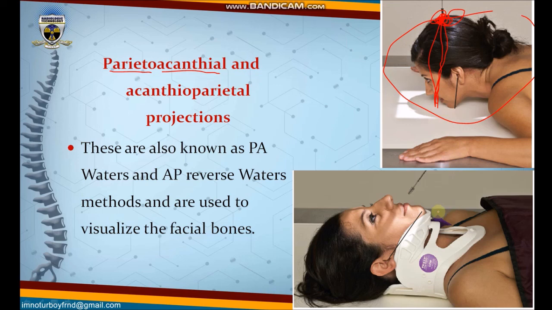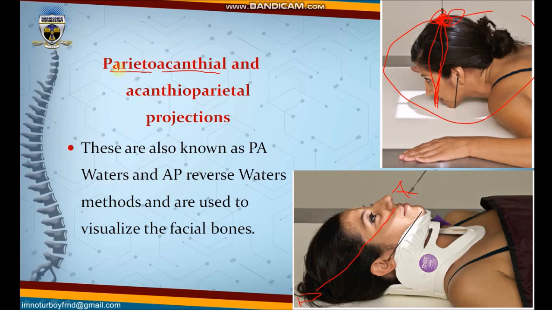And then we reverse it. For example, the patient cannot lie prone on the table because of trauma. So what we do is the reverse. The central ray enters the acanthial region, or the acanthion, and exits at the parietal portion.